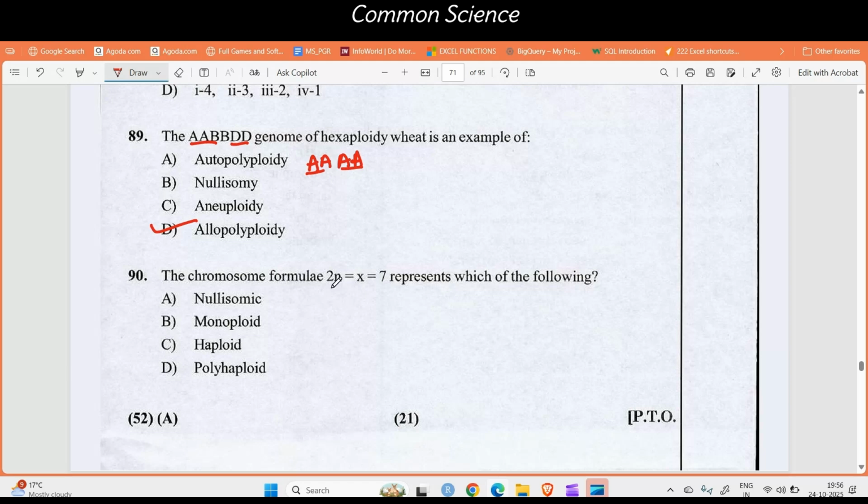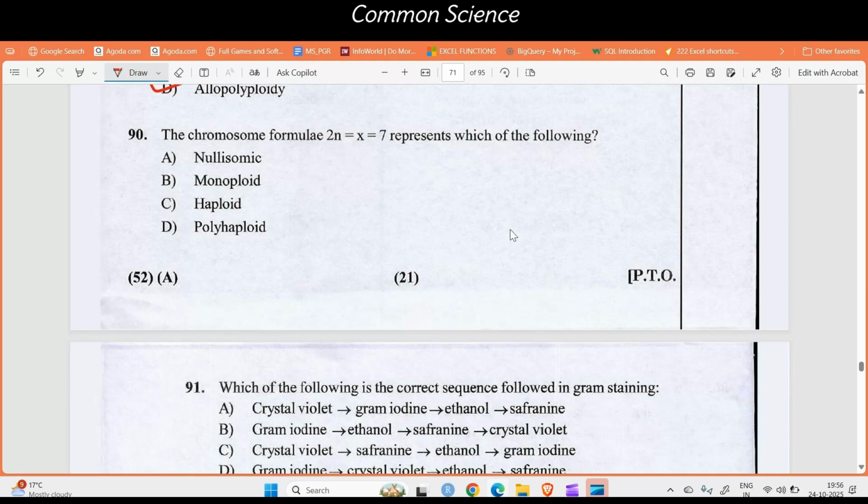Okay, the chromosome formula 2n equals x equals 7 represents which of the following. X is the basic set of chromosomes, and 2n is diploid. So when it is the basic set, we call that monoploid. Haploid is simply half of the diploid.